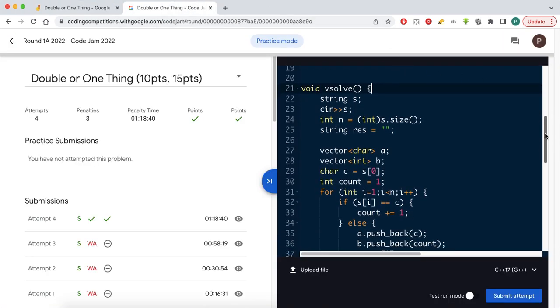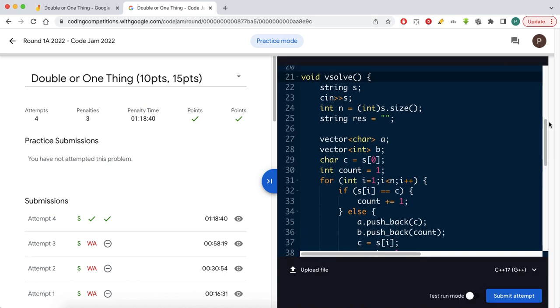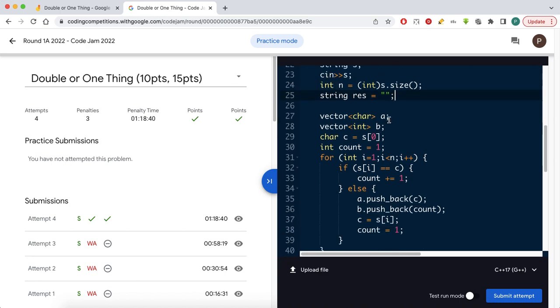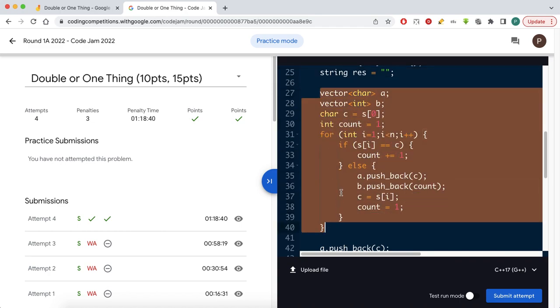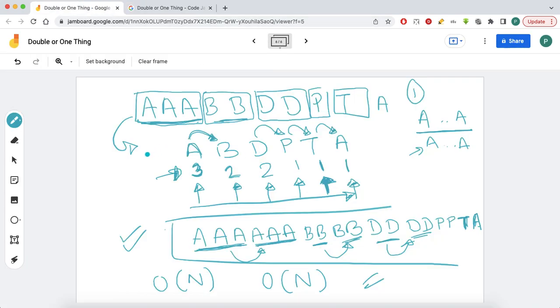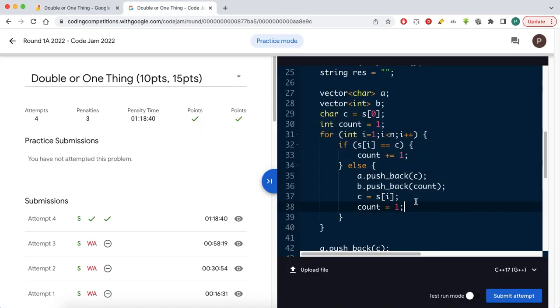Yeah, so this function, vsolve, is the function which is being called in every test case. So we are taking the string, and in this code we are generating this new string and storing their respective frequencies.